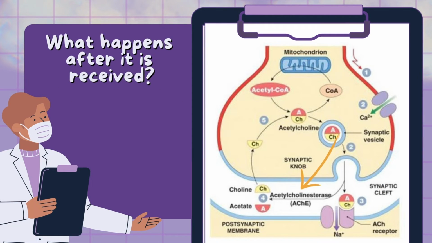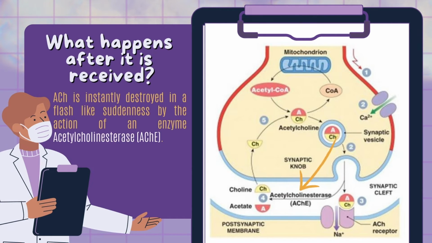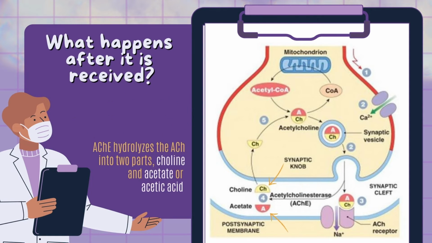The different types of cholinergic receptors will be further discussed later on. So what happens after it is received by the receptors of the postganglionic cells? After serving its transmitter function, or reacting with postjunctional receptors and initiating postjunctional activity, acetylcholine is instantly destroyed in a flash by the action of an enzyme called acetylcholinesterase or ACHE.